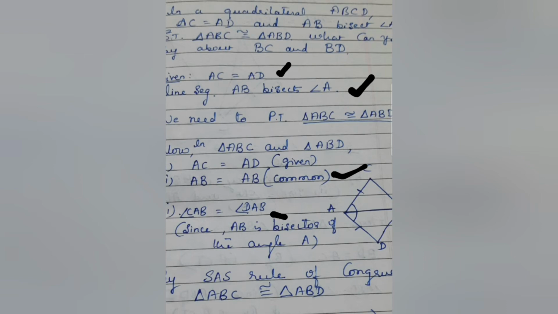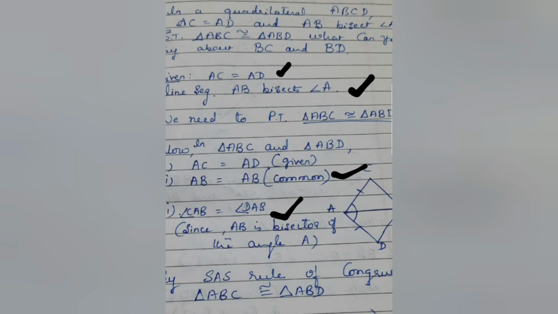So you have two sides here. Then you have one angle, angle CAB and angle DAB. They are equal. Why? Because angle A is bisected, due to which you got two triangles in that quadrilateral.